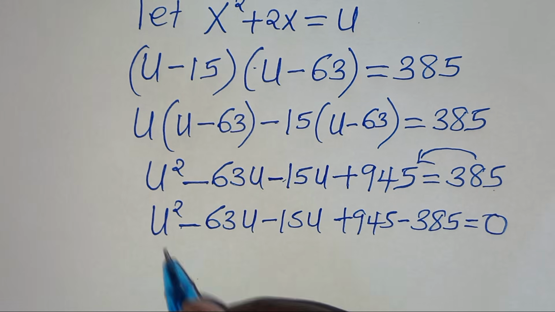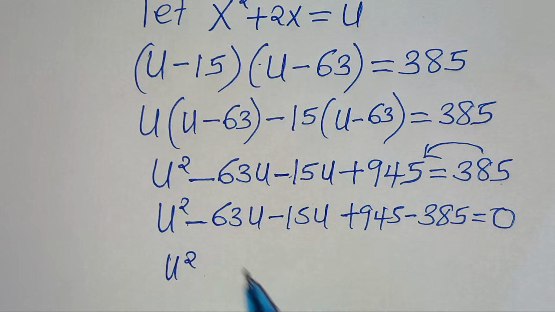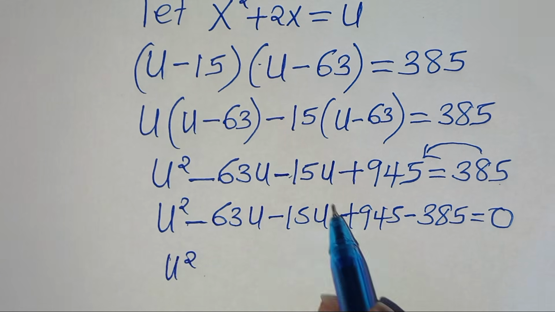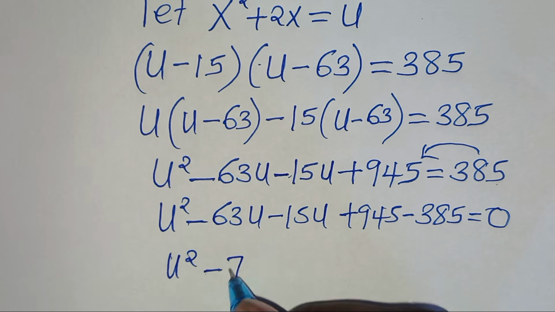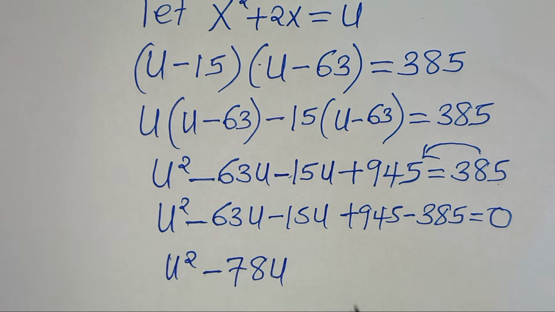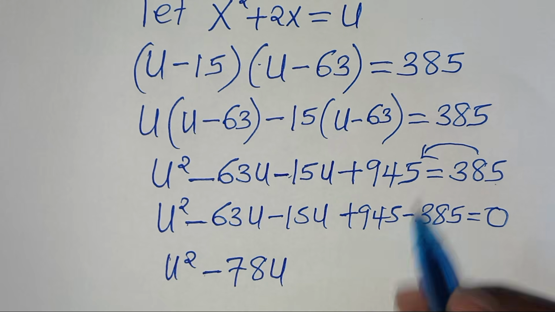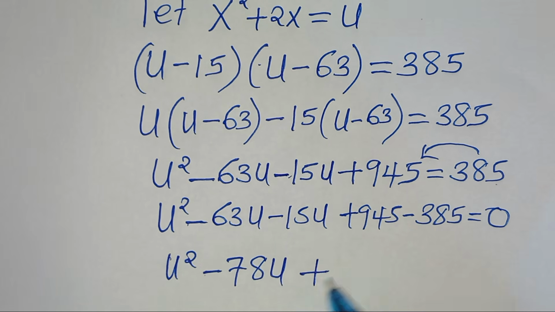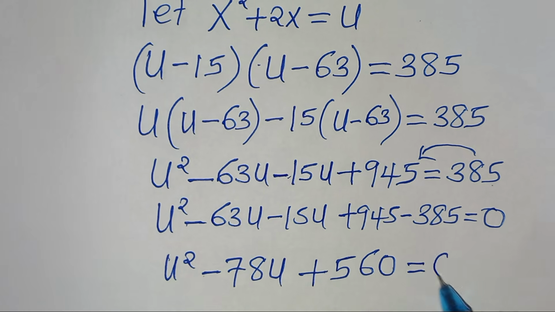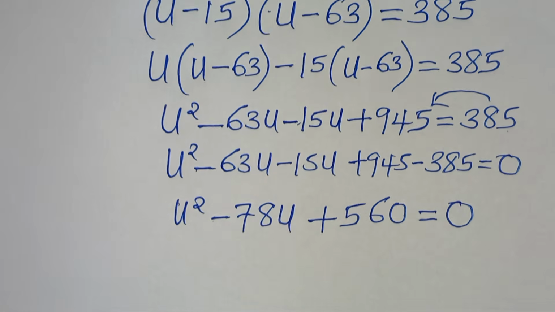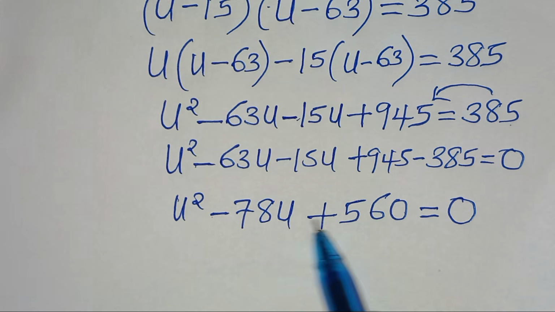So this implies that we have u squared minus 63u minus 15u, this is the same thing as negative 78u. Then we have plus 945 minus 385, this is plus 560. This is equal to 0. So we form a quadratic equation here.